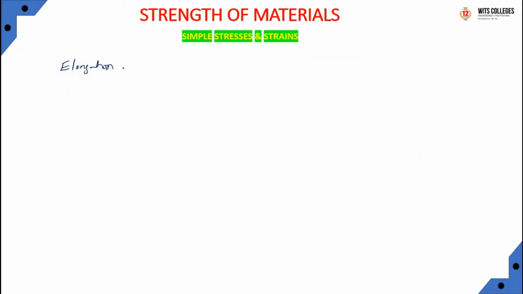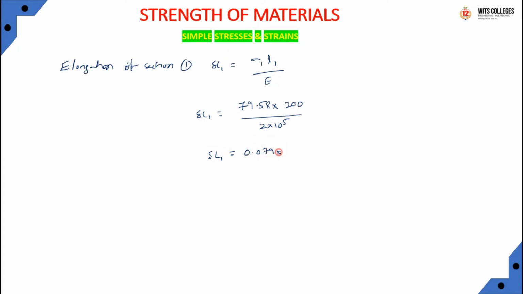Of section 1, that is delta L1 equals sigma 1 L1 by E. So here delta L1 equals 79.58 into 200 by 2 into 10 power of 5. So here the delta L1 value is 0.079 mm.